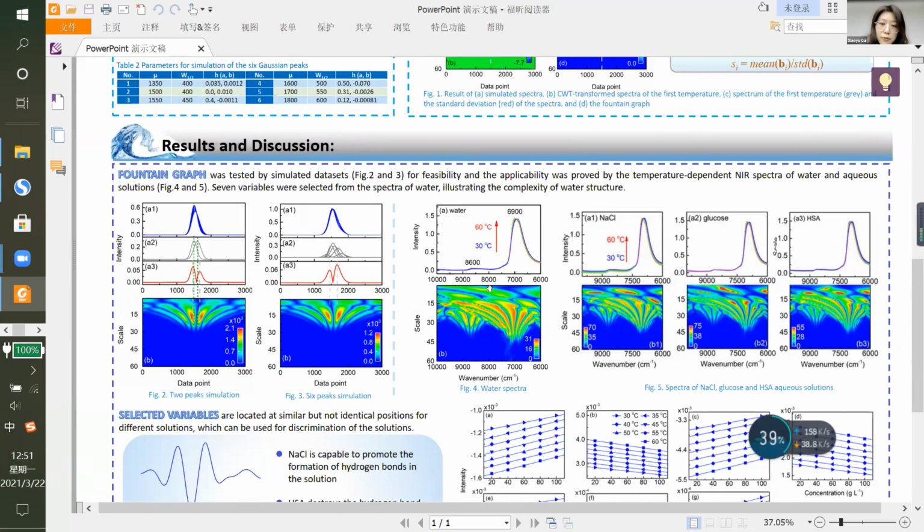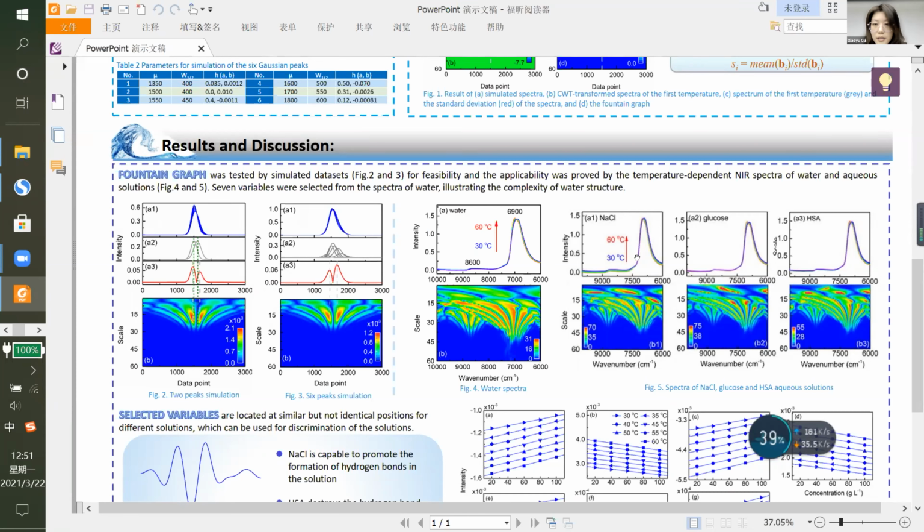We can see from the fountain graph that there is more spread, and we selected more peaks, just like the water graph patterns.